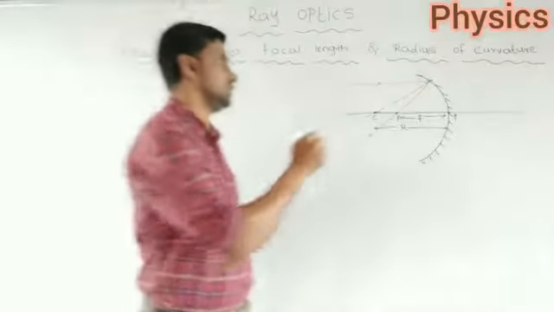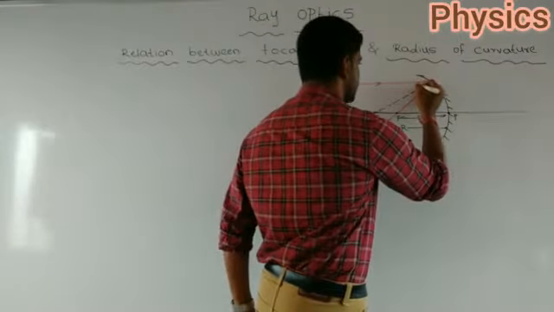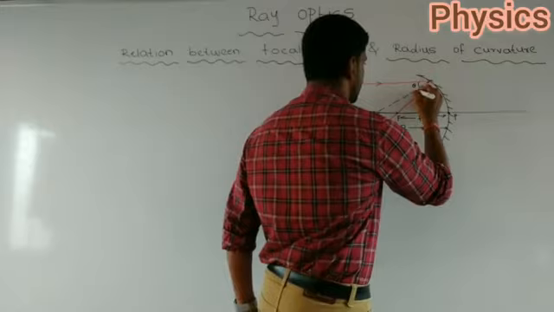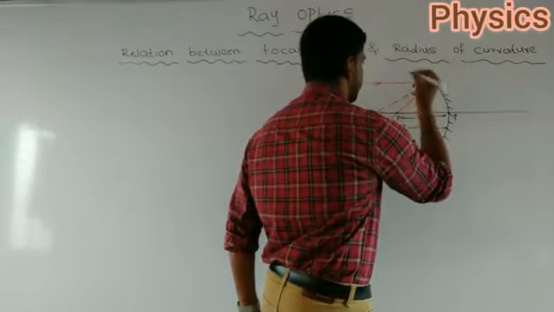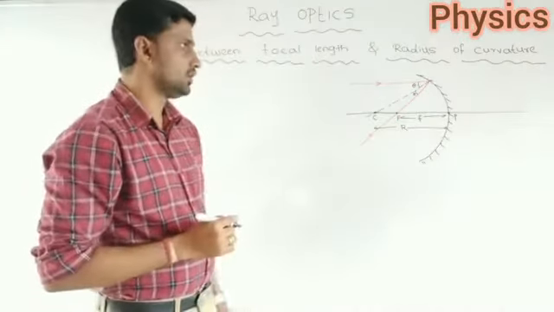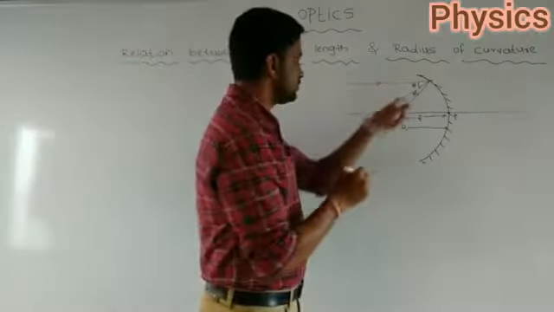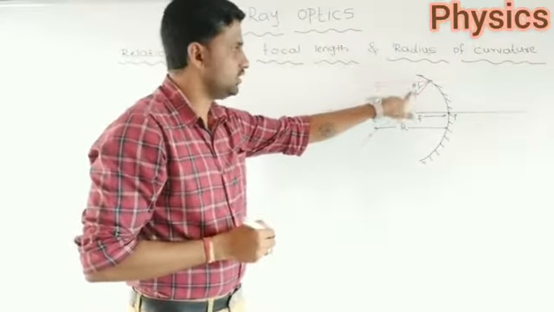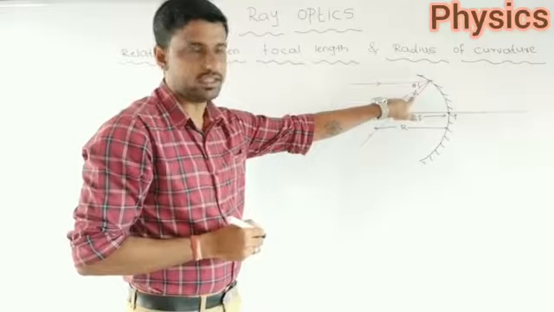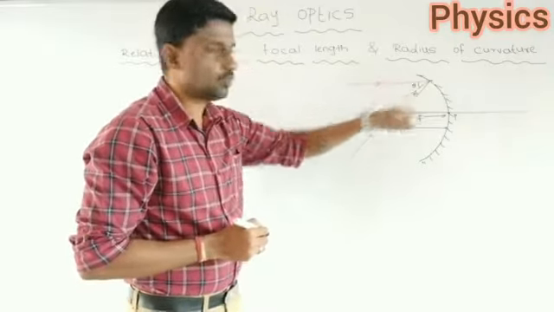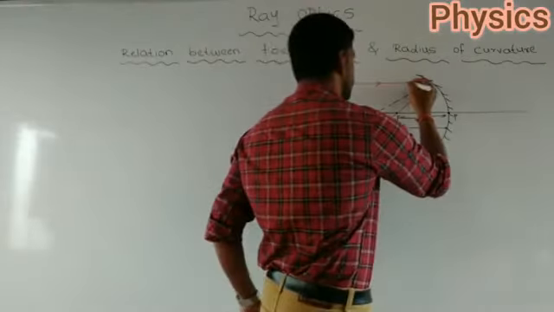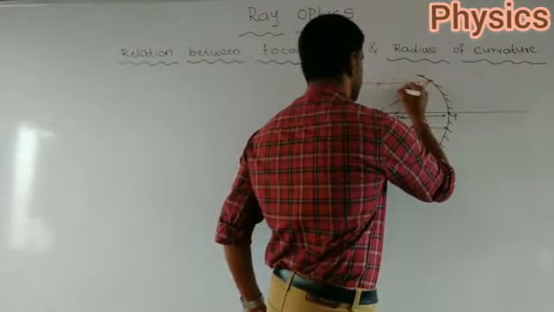We already studied that this angle gives the angle of incidence and this one gives the angle of reflection, theta. This one is the angle of incidence theta. This is the angle of reflection theta. If you add both the angles, you will get 2 theta. This one is the 2 theta.